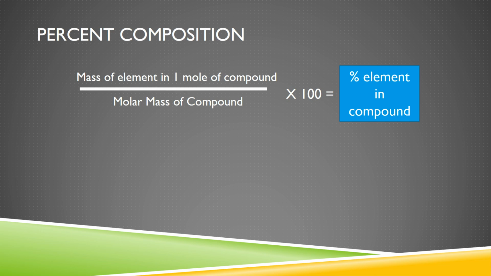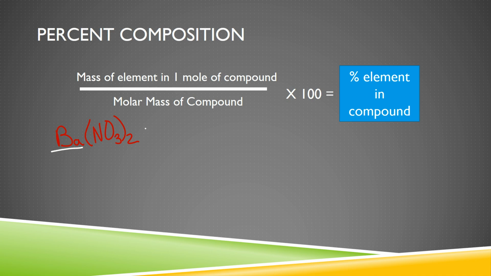So the example I'm going to use is I'm going to go back to my barium nitrate from earlier, and I want to know what percent of barium is in that compound.